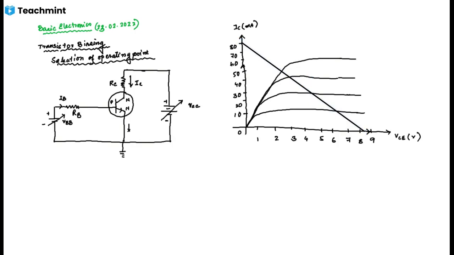I named it Q1. Let us give the color to every point so that I can deliberate the cases. This is our Q1 point.